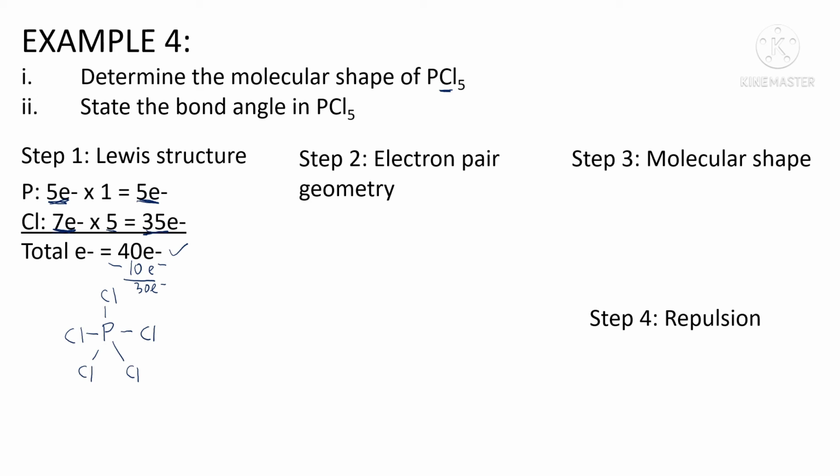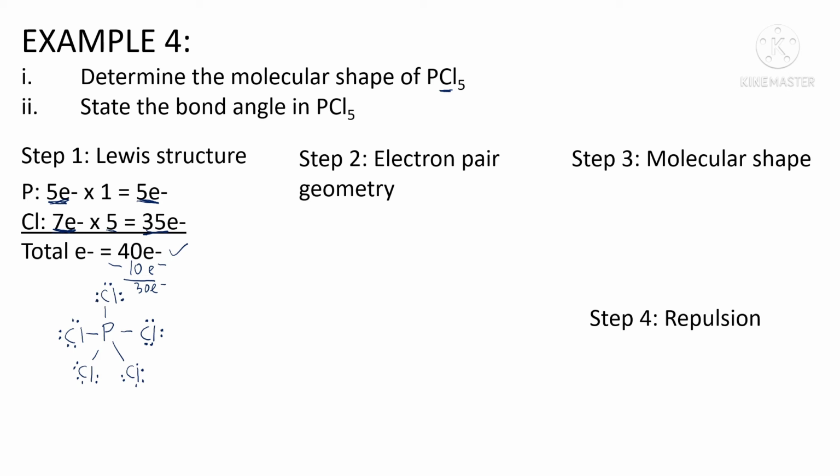To make the chlorine octet, we need to draw on each chlorine 6 more electrons, to make the terminal chlorine atoms octet.